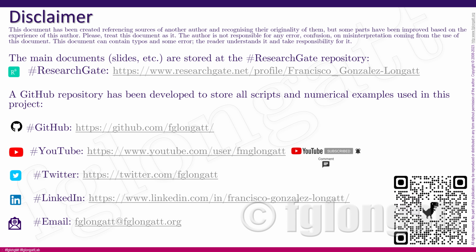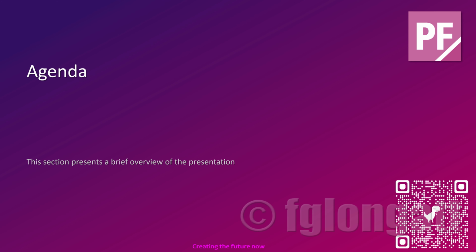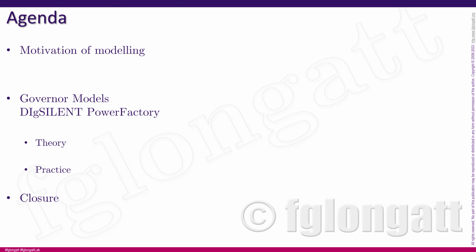Okay? Well, let me start this presentation today. What is the plan? I would like to start with some motivation regarding modeling. Why do we need models and what kind of models? This part of the video is again dedicated to my master students who are working with specific details of modeling, in this case state space representation.